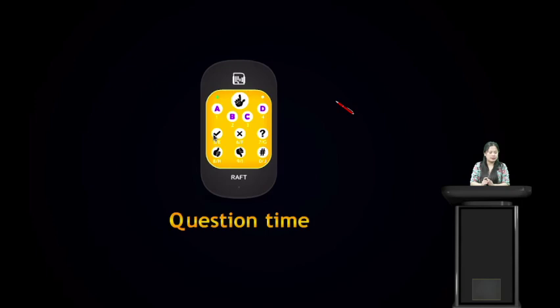The third point is it provides habitats for plants and animals. The fourth point is it controls soil erosion, and the fifth point is it provides raw materials for various uses. So we have discussed the importance of forests in 5 points. These are just some points, you can add more of your own.